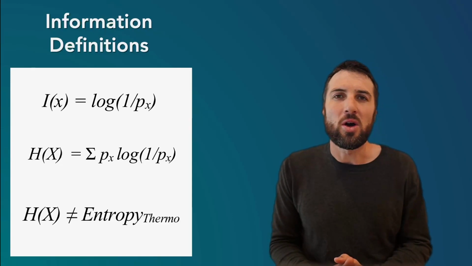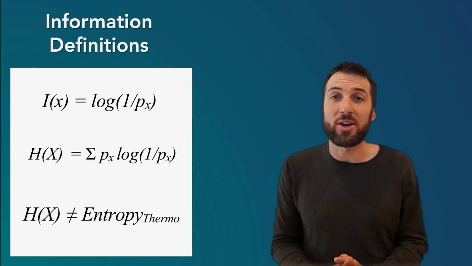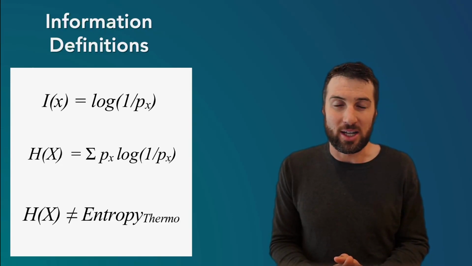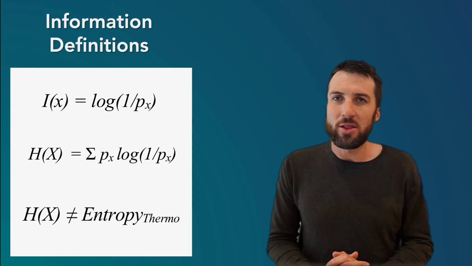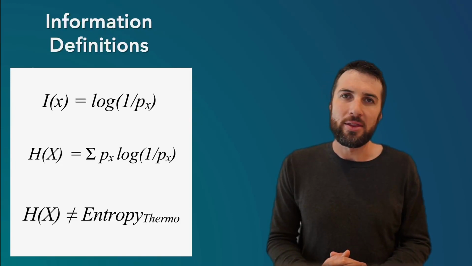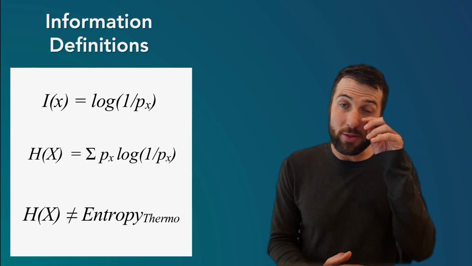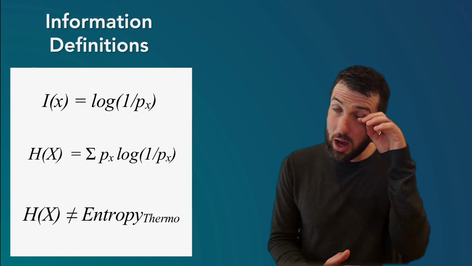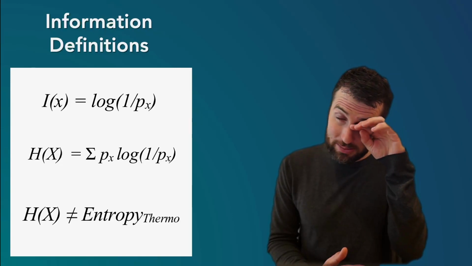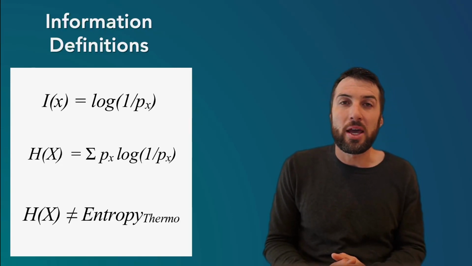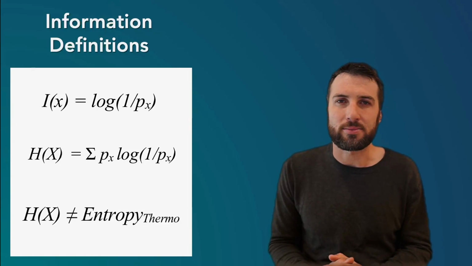And you see here, when the probability is 100%, like it's 100% outcome is going to occur, there's no surprising information, that log of 1 would equal 0. However, if the probability is really low, then 1 divided by a small number would be a big number. And so there would be more information.